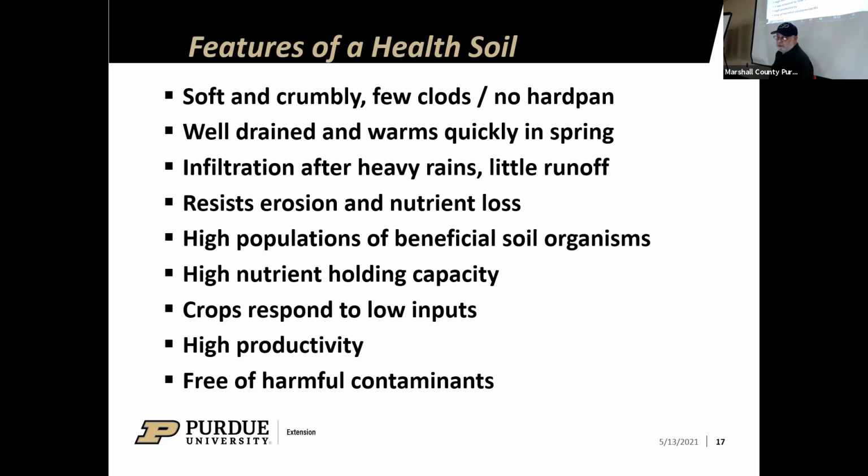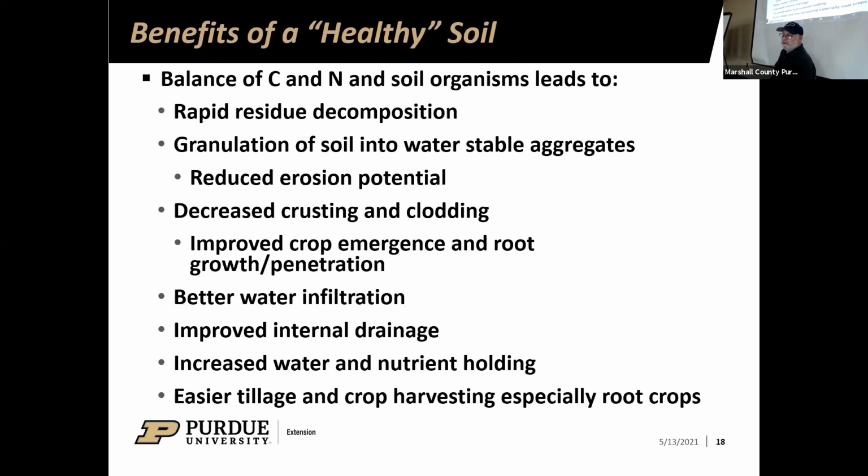I guess that's a repeat of an earlier slide. So a high population of beneficial soil organisms is key to have a healthy soil, with high nutrient holding capacity. Benefits of a healthy soil: a balance of carbon to nitrogen and soil organisms lead to rapid residue decomposition, which is good.